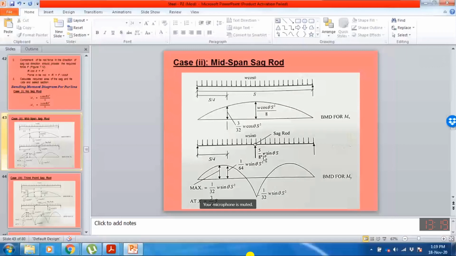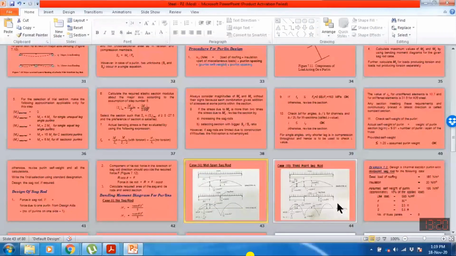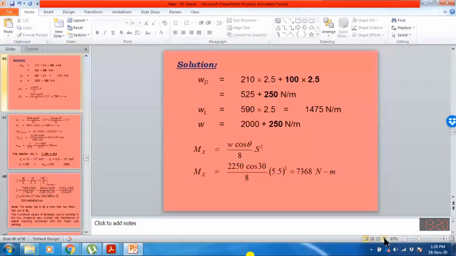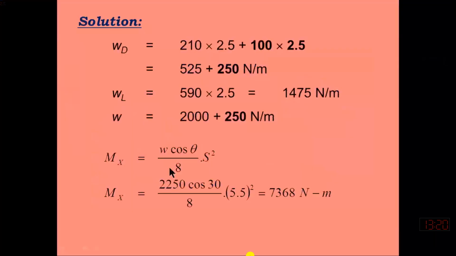So these values I have written over here. If I'm computing the moment about x-axis, I have to use the total load, including self-weight, superimposed dead load, and live load. Omega cos theta by 8 into s square, where s is the length of purlin, which is 5.5, equal to the spacing of trusses.